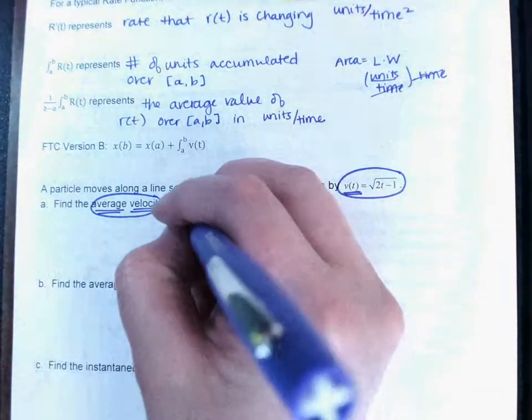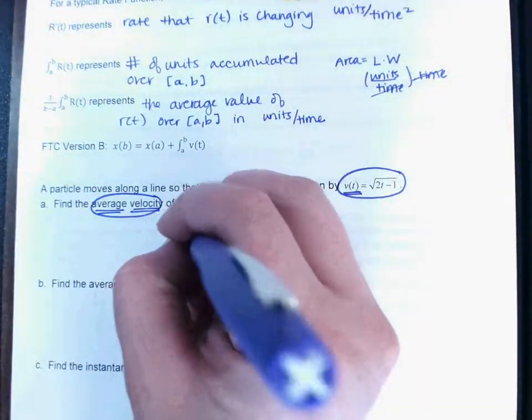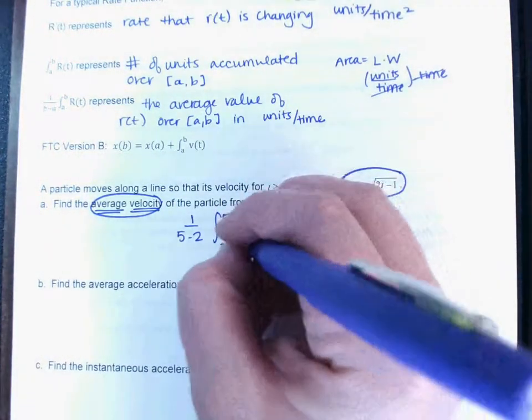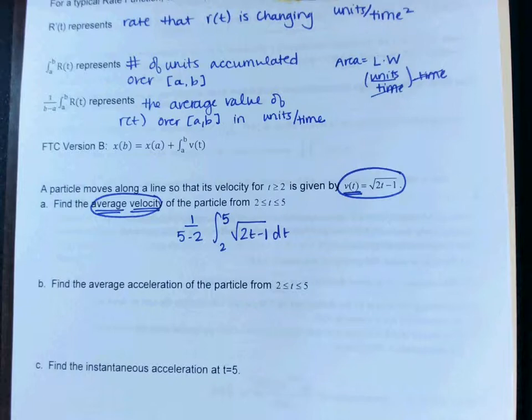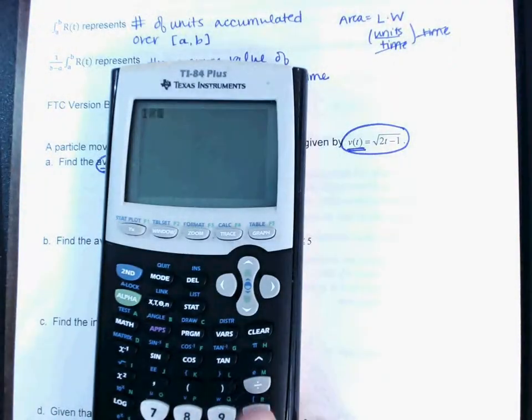So I do 1 over 5 minus 2 integral 2 to 5 of velocity, which is root 2t minus 1. Okay, then just to make sure that we're practicing typing all this stuff in, go ahead and type that one in for me. So in the front, you can reduce that. 1 over 5 minus 2 is going to be 1/3.